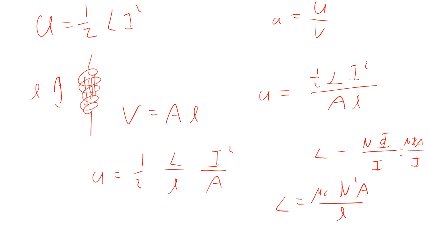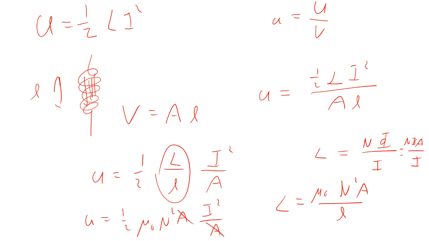Okay, and so we look at that and say, well, L over l is going to be equal to mu naught N squared A. Okay, and so this will be u equals 1/2 mu naught N squared A I squared over A. So the A's cancel.